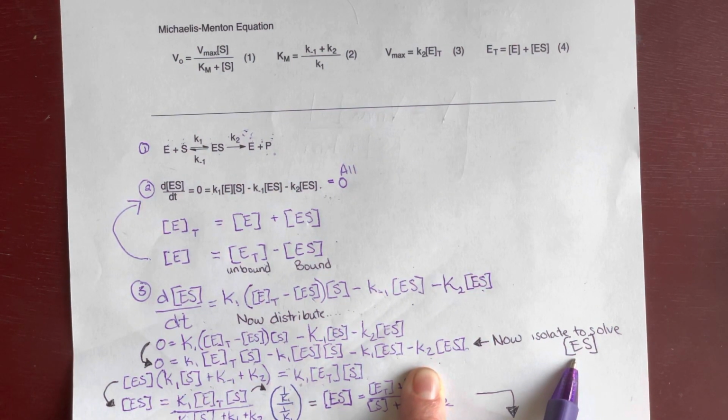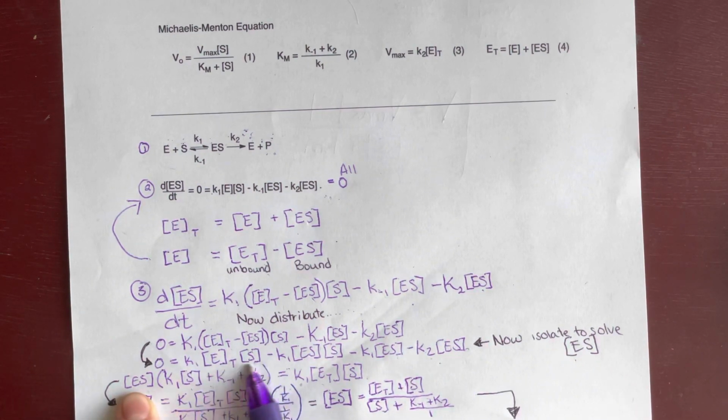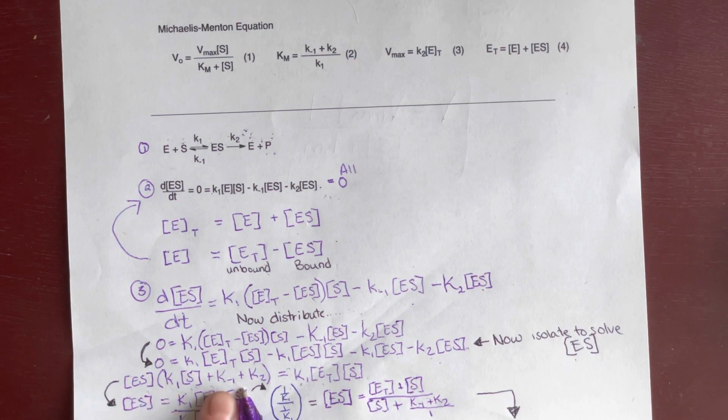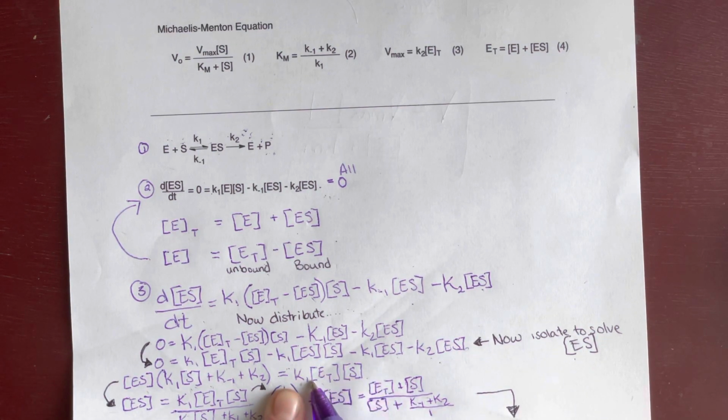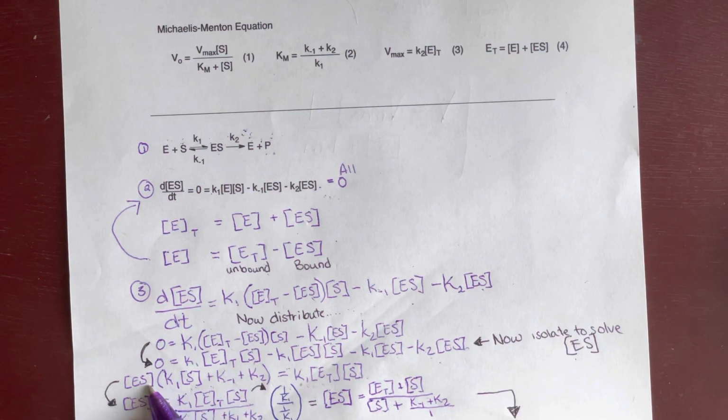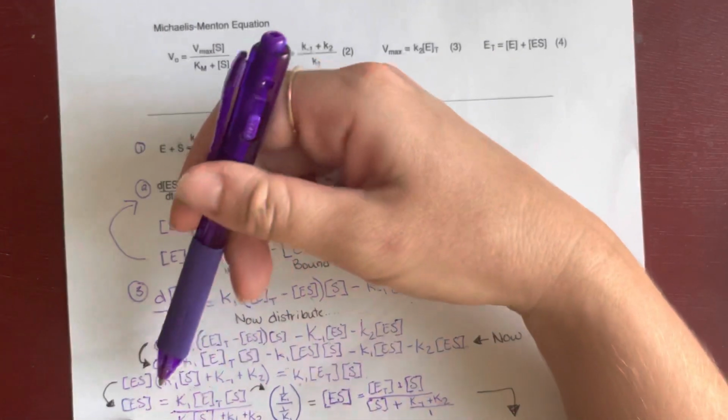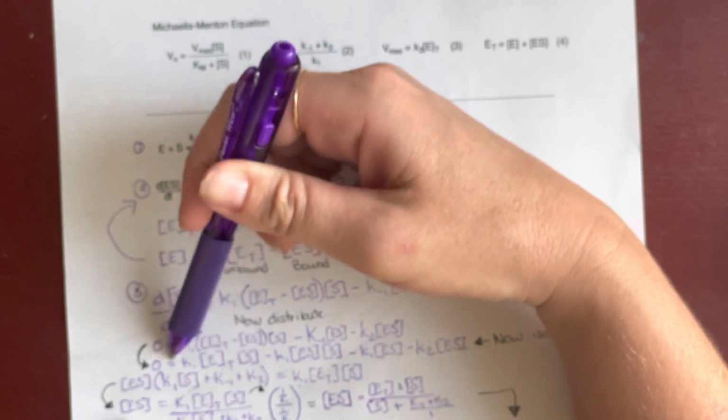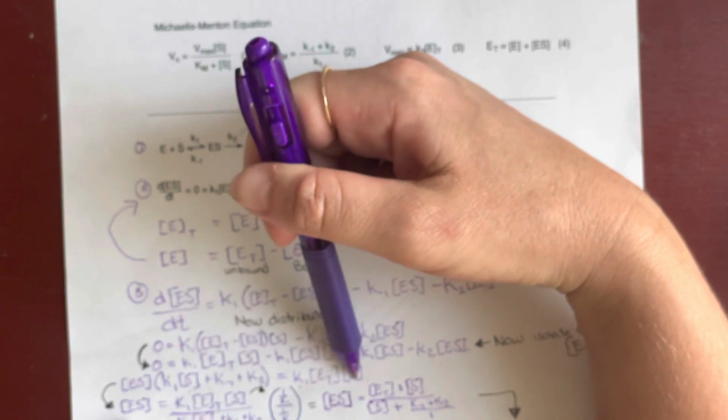In order to do this, we're going to have ES times K1 times S plus K negative 1 plus K2, and that's going to equal what we have left over from the distribution, K1 ET times S. We still need to get ES by itself here, so we take this side of the equation and divide it over.